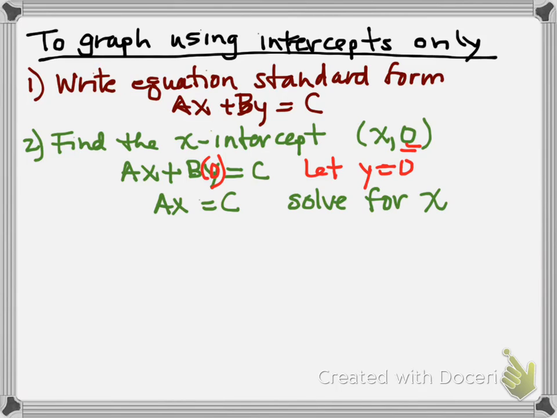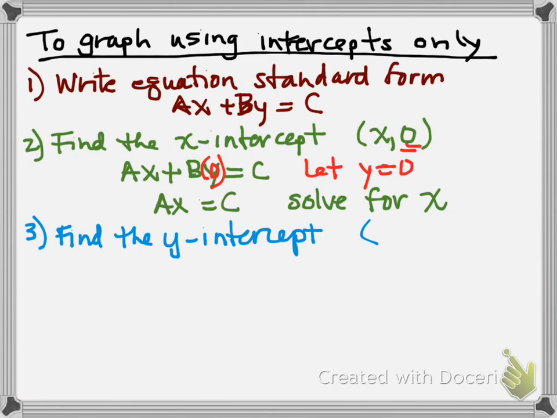Okay? So we'll solve this for x and get our answer. Done. Okay? Then the next thing we're going to do is find the y-intercept. So what's the ordered pair for any y-intercept, generically speaking? 0, comma y.